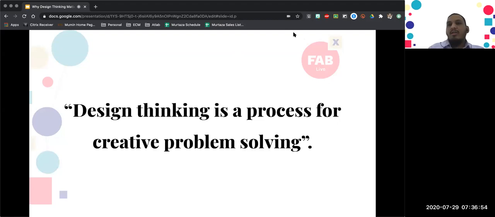As educators, I've seen a lot of teachers, especially in STEM, use the engineering design cycle, where they brainstorm, they make a prototype, and then they test out the idea, and then it's a cycle which they follow. How is the engineering design process different from design thinking? It's more human centered.